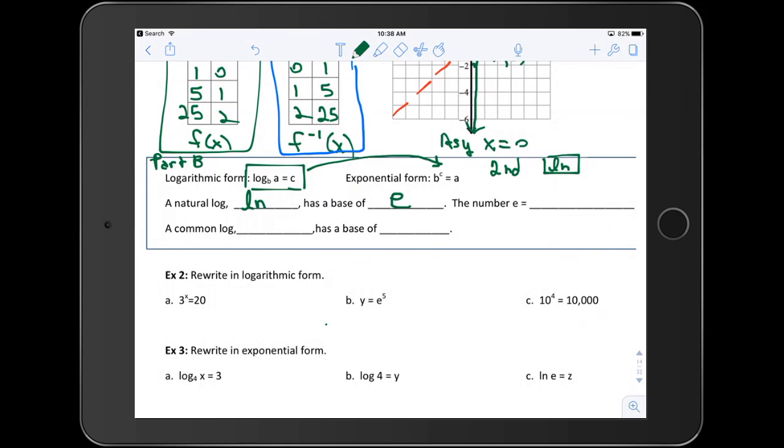If you hit the second button and the ln button, the natural log button, that will take you to e to the x, and put a 1 in there for the first power, and you can then approximate the number e very easily. Just like if you push the pi button, you can see the approximation for that. That's where I'm getting this number from right here. And it goes on and on forever because it is, again, irrational, just like the number pi.